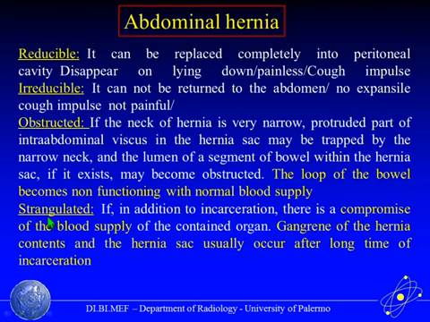But the abdominal hernia may become strangulated if, in addition to incarceration, there is a compromise of the blood supply, a cutoff of the blood supply. In this case, gangrene of the hernia may occur after time of incarceration.